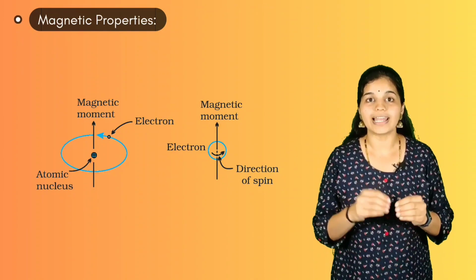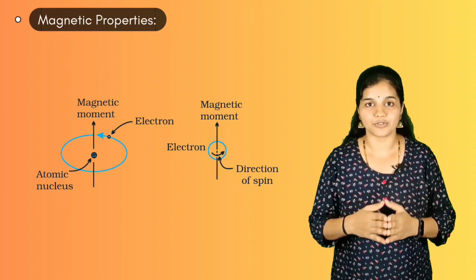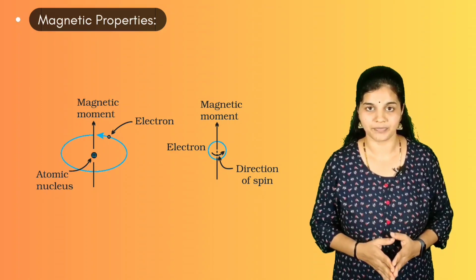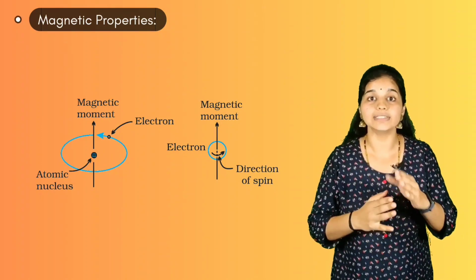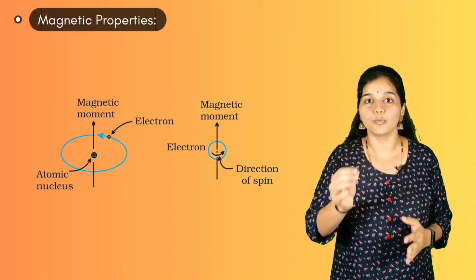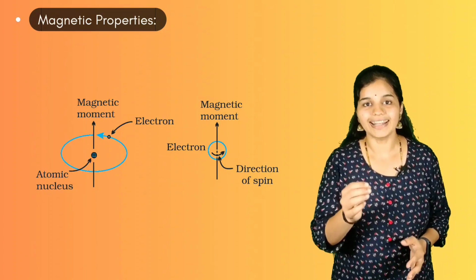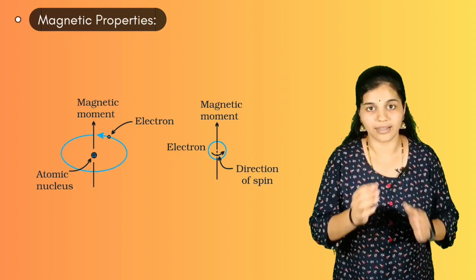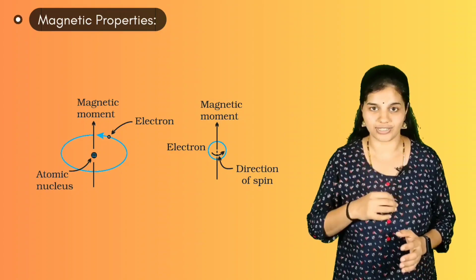And also the electron spins around its own axis, and these two types of motion generate a magnetic moment in the substance. Electron being a charged particle and undergoing these motions, it can be considered as a small loop of current which possesses a magnetic moment, and therefore each electron has a permanent spin and an orbital magnetic moment associated with it.